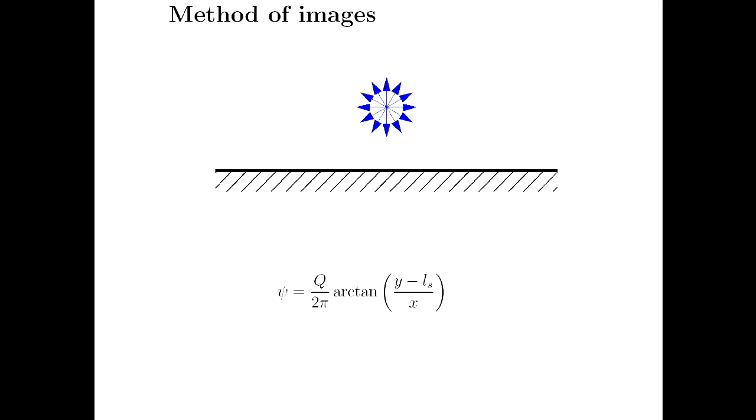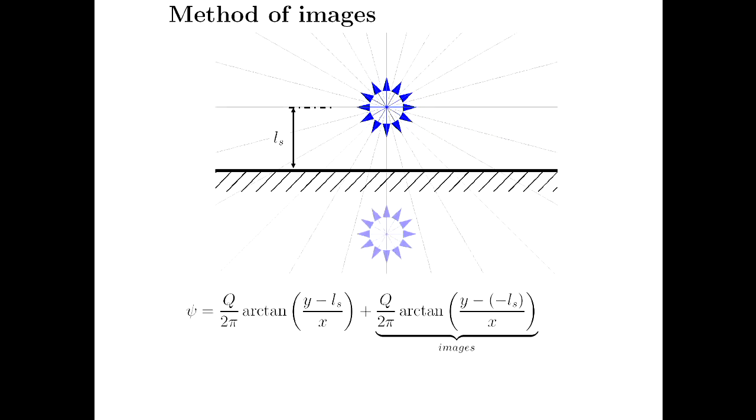So basically the method of images says that if, let's say, I have a source located some distance above the floor, which is LS, I need to have an image with the same strength as this one here, but it's located beneath the floor.